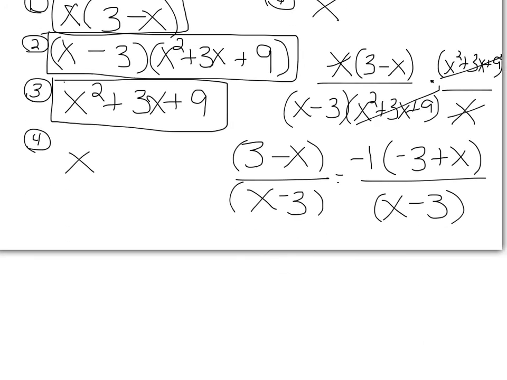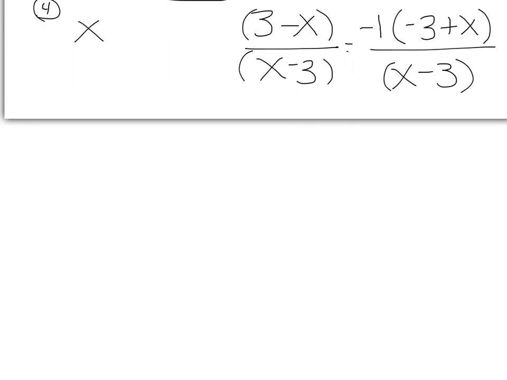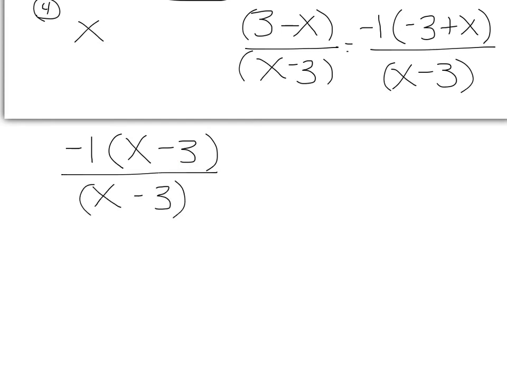And then if I just want to rewrite that, I can do -1 times x minus 3, because you've got a positive x, -3. I just wrote it in a different order, all over x minus 3. So these cancel, and you're left with -1 as an answer. When you get down to just a number as your answer, you know that you hit the jackpot and you did it correctly, because a lot of stuff canceled.